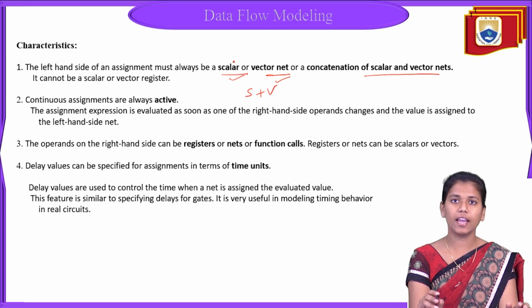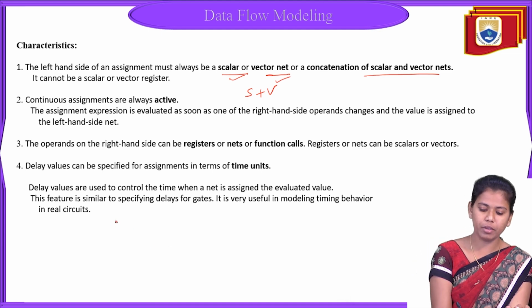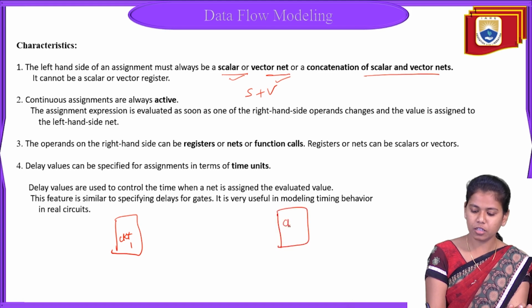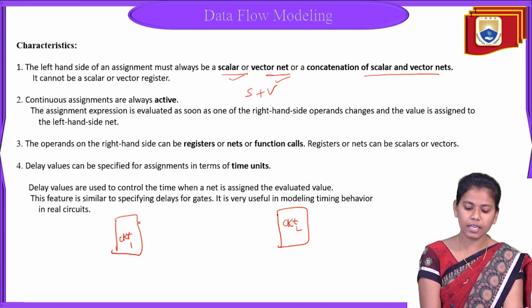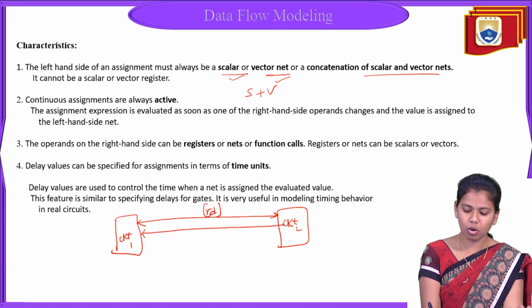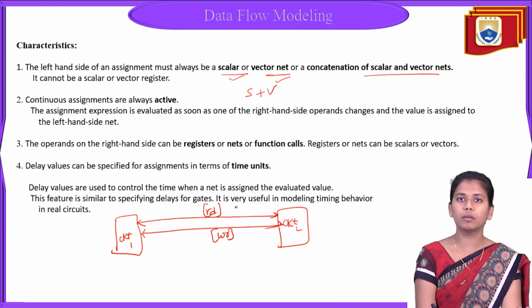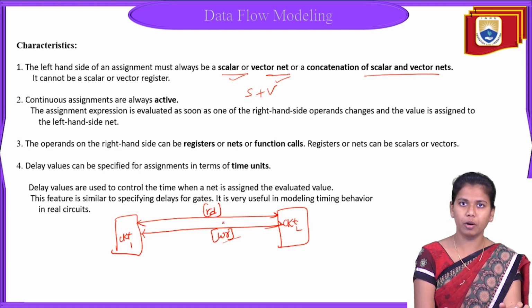So what are scalar nets? Scalar nets are nothing but individual bits. For example, I'm considering circuit 1 and circuit 2. The processor can easily read the data and also write the data. Individually, they read bits, which circuit 1 can read from circuit 2, and the write operation can also be performed between circuit 1 and circuit 2.